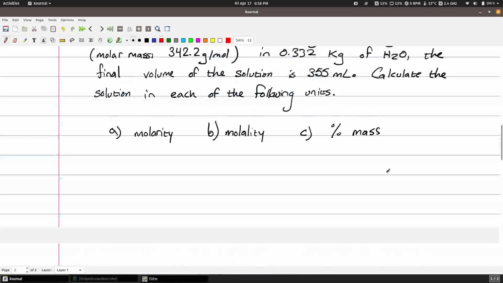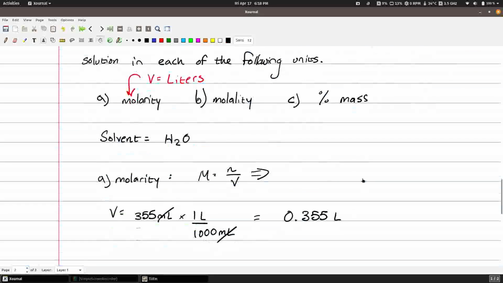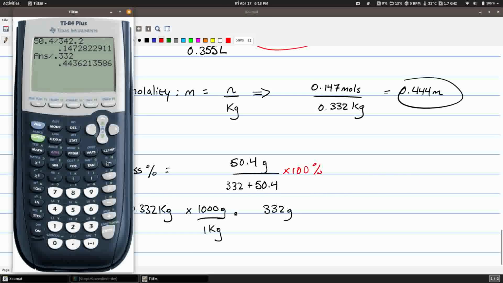I might have written solvent, but no, I didn't. Alright, and then this would be times 100% for mass percentage. You can't forget that part because otherwise you'll get the wrong answer. But let's do this in the calculator. So you have 50.4 divided by 332 plus 50.4 and then times 100. So your answer is going to be about 13.18%.